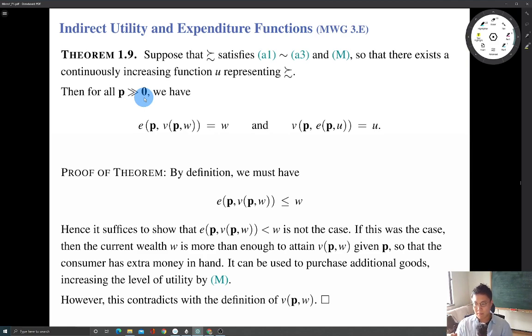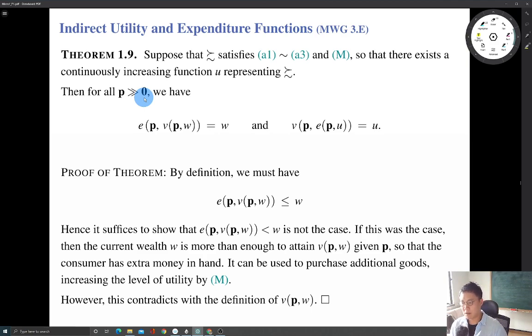So that means it's no longer compact. So although we have a nice utility function, continuous, we may not have a solution to the UMP or EMP. Because when we make sure of the existence of a solution, we apply the extreme value theorem. And the extreme value theorem stems from two conditions.